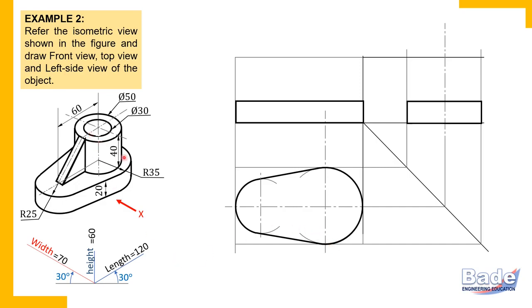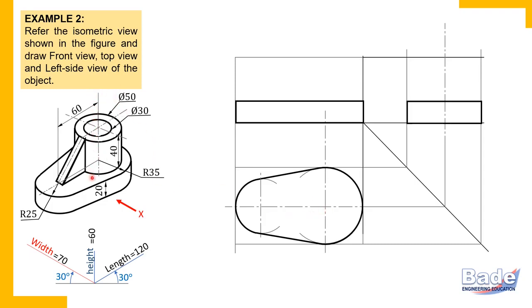Okay. So now we'll draw the cylinder. Cylinder in top view is a circle, and the remaining two views are rectangles. Simple. We already know that. It is a vertical cylinder, and that's why in the top view it appears as a circle. What is the radius of the cylinder? 50 millimeters. Sorry, the diameter is 50 millimeters, so the radius is 25. And it is along the same axis, this center. So this is that center.